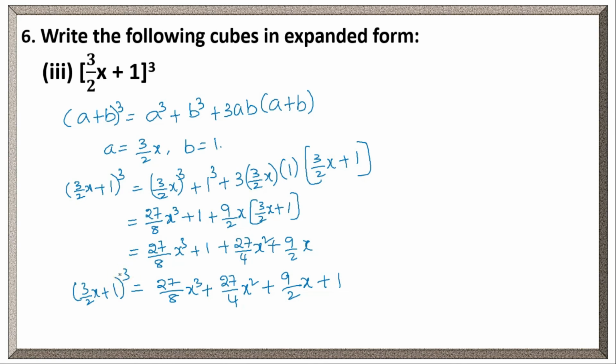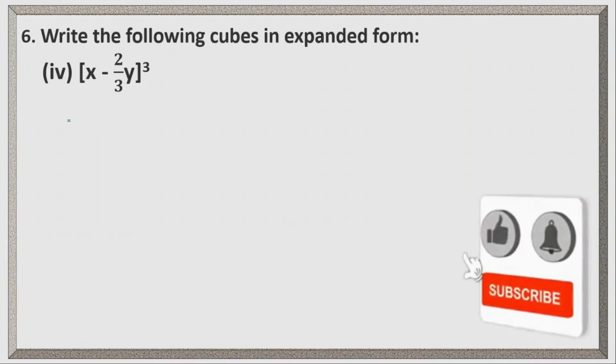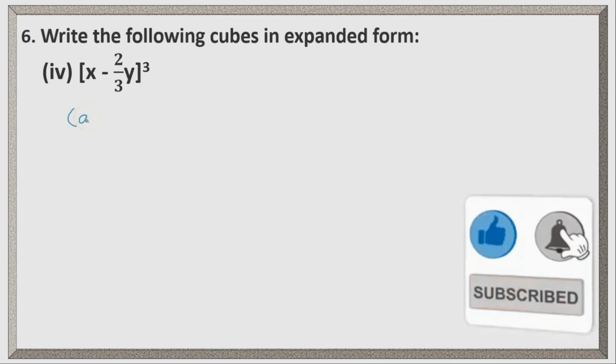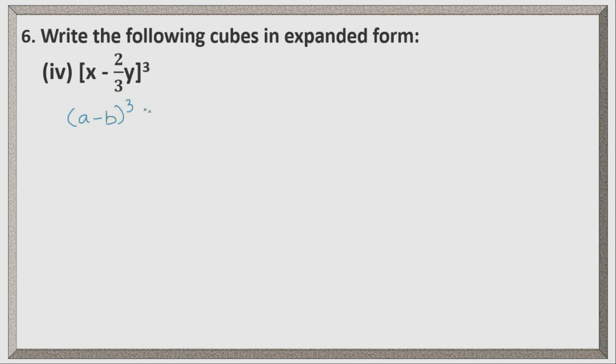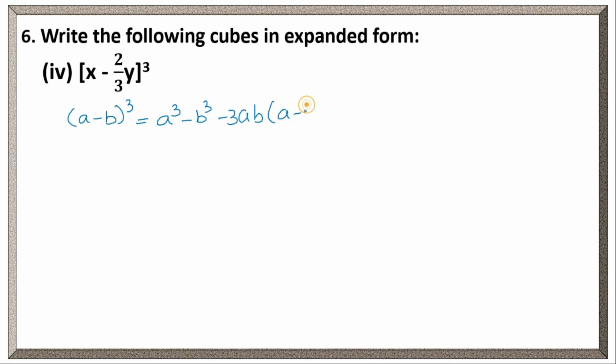Clear? Right. Let's see the fourth bit, which is in the form of (a − b) whole cube, which can be written as a cube minus b cube minus 3ab into (a − b). Clear? Now what is there in the place of a? x. What is there in the place of b? In the place of b we have 2 by 3 y. Clear?